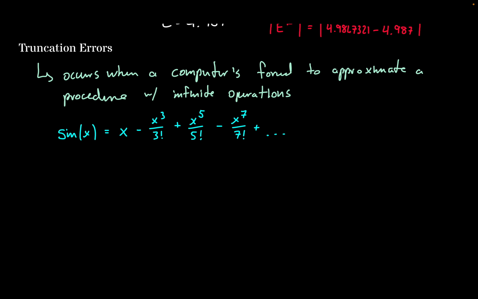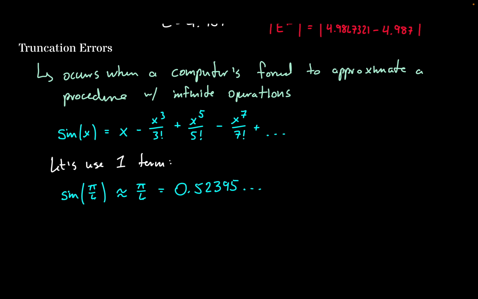So what if we were to say, let's use one term to make an approximation. So let's say we want to approximate pi over 6 for sine. So then we'd have sine of pi over 6, which is going to be approximately equal to pi over 6, which we can say will be equal to 0.52395, and then dot, dot, dot, because it's going to be an irrational number.